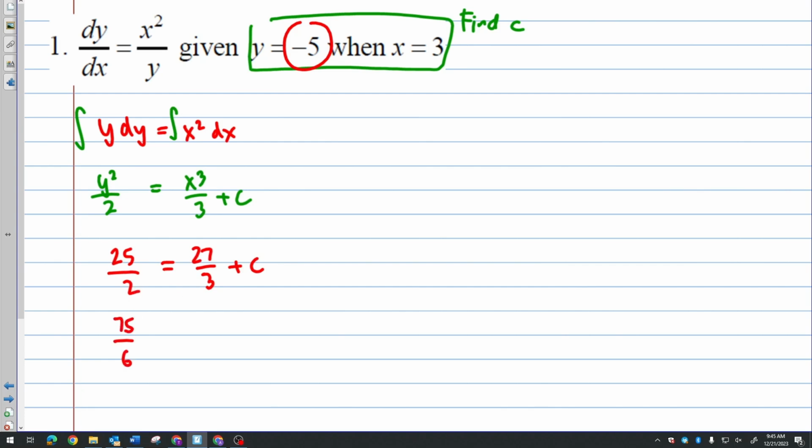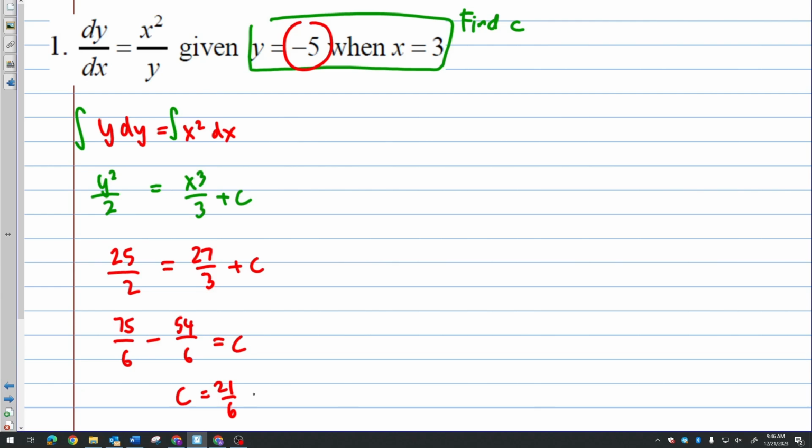So this over here will be 75 over 6. Over here, this will be 54, I believe, over 6. And that's what c is going to be equal to. So c here is going to be 21 over 6, if I did this right. Make sure I did this right. Multiply that by 2, yeah. So this is 21 over 6.